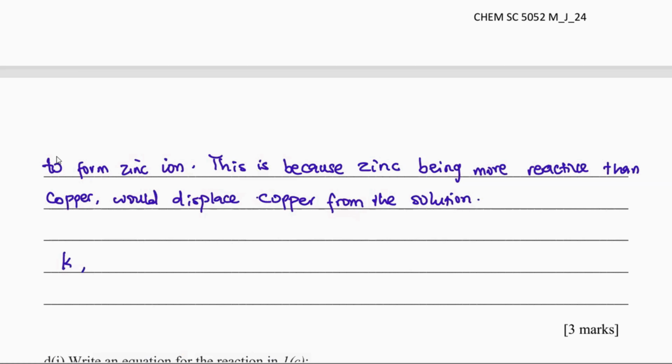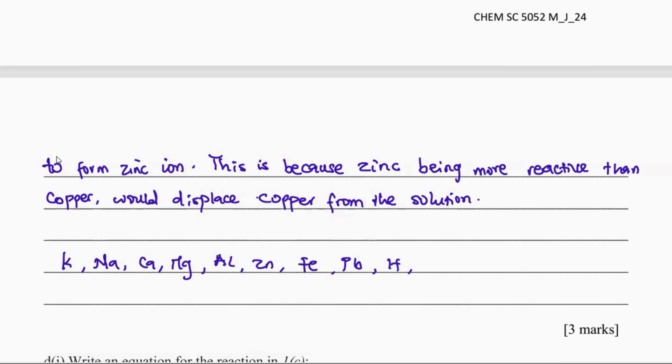Just a quick one, this is the reactivity series. We have potassium, sodium, calcium, magnesium, aluminium, zinc. Then it's a trend, so you just have to know it, just like knowing the place of each element on the periodic table. It's something you just have to memorize.